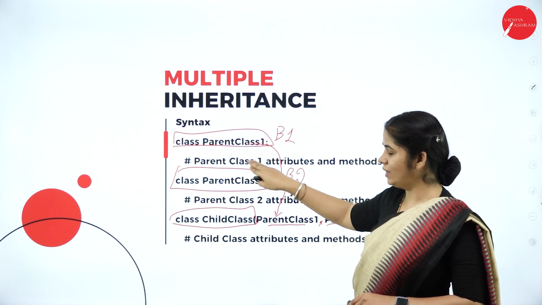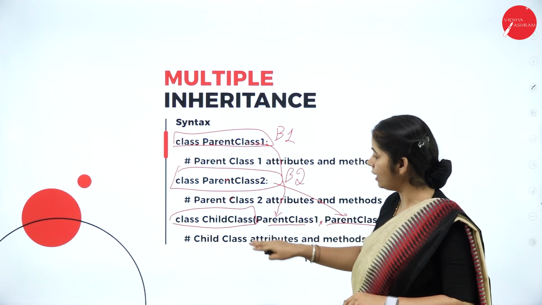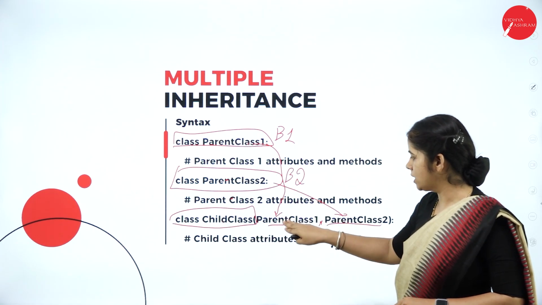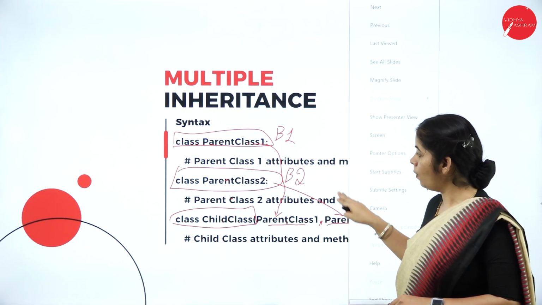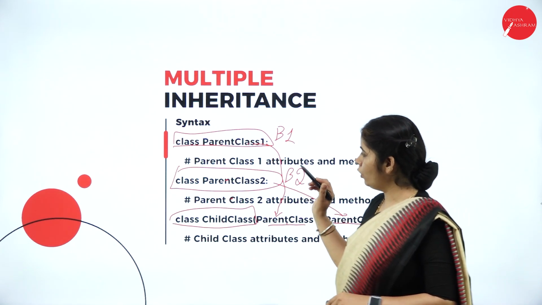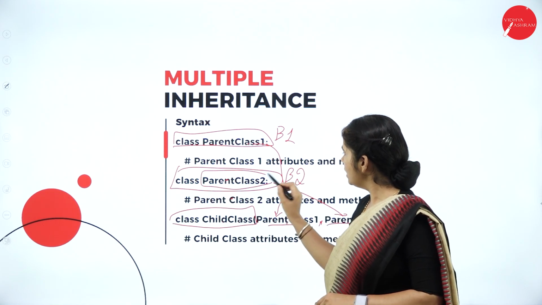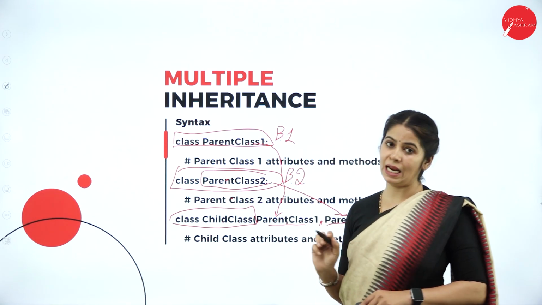Base class 1 with its own attributes and methods, base class 2 with its own attributes and methods, and the child class accessing base class 1 and base class 2 also with its own attributes and methods. So here you have to make a note that base class 2 is not derived from base class 1.